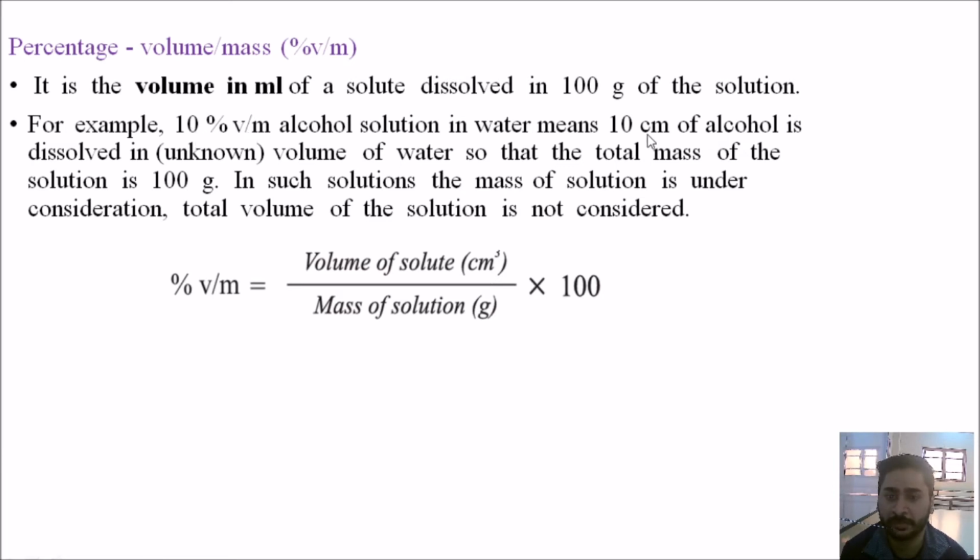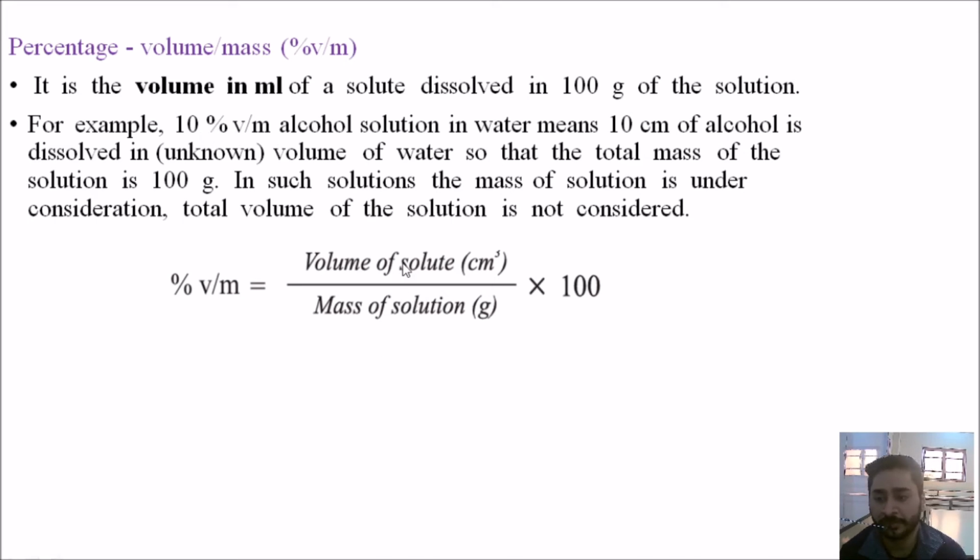That means 10 centimeter cube. It's cube. It's mistakenly written as centimeter, so don't forget to write cube over here. 10 centimeter cube or 10 milliliter of alcohol, which will be dissolved in 100 grams of solution. That is volume by mass percentage.